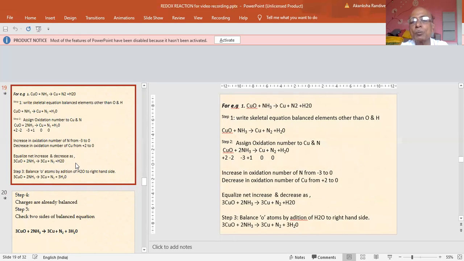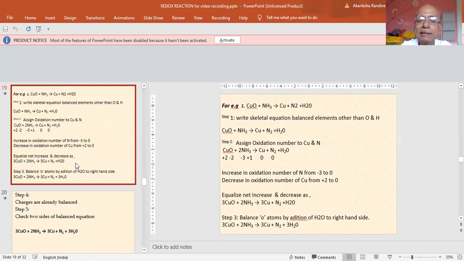So +2 changes to 0. And in case of NH3, the oxidation number of nitrogen is -3. Whereas in N2, to the right side, the oxidation number of nitrogen is 0. So -3 changes to 0.